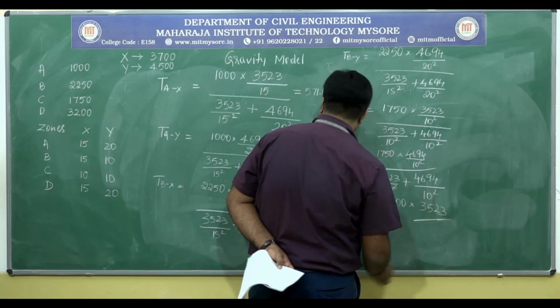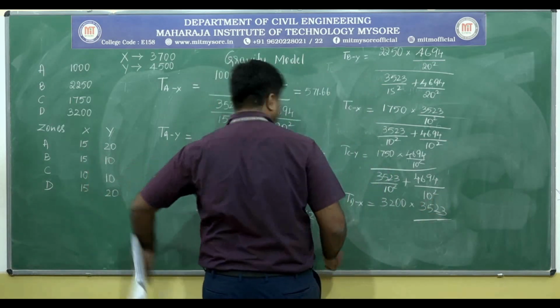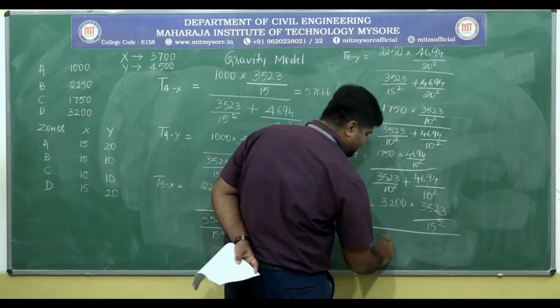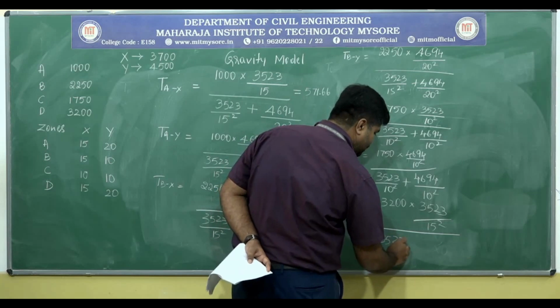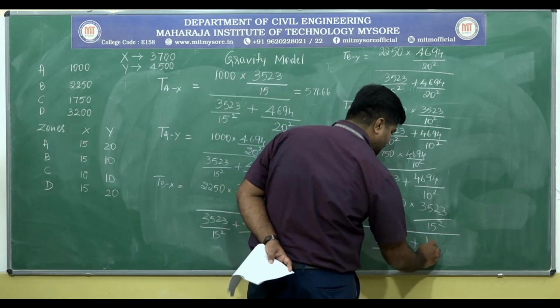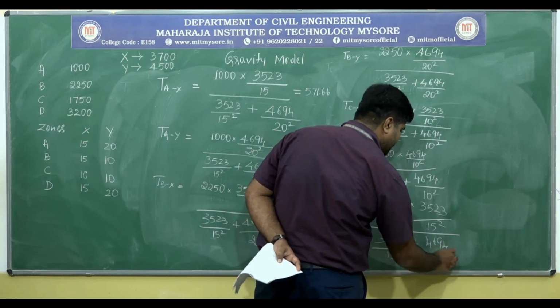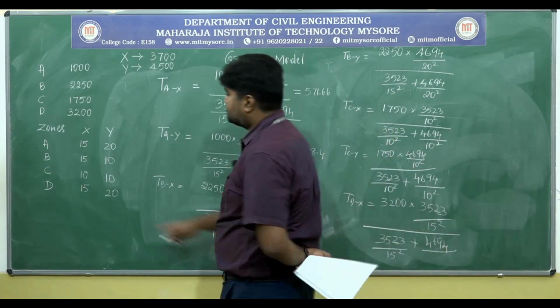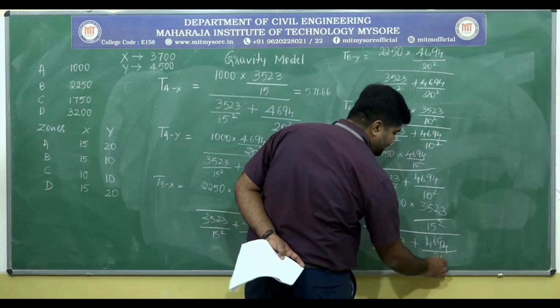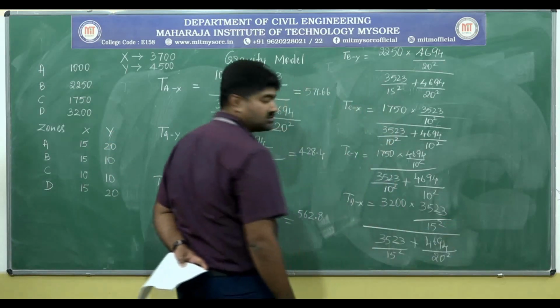The time taken is 15 minutes, so 15 squared, divided by 3523 divided by 15 squared plus 4694 divided by, it is D to Y, it is 20, so 20 squared.